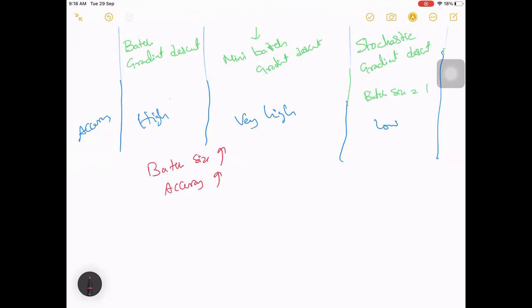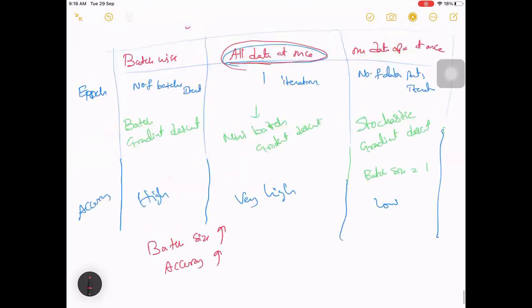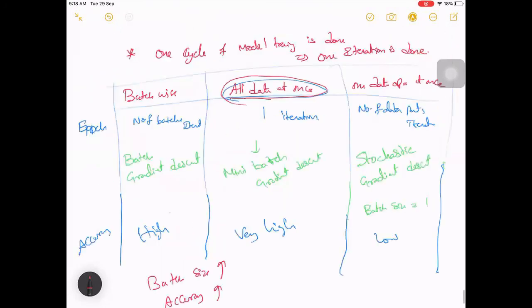But the best of these two worlds is something like this, where you go batch-wise, because you can't learn an entire textbook and then write a test. That's why we have unit tests, quarterly, half-yearly exams, and so on. It's a kind of batch. You learn for 2 months, then write one test, and learn 2 more months, some more things, then write a test.